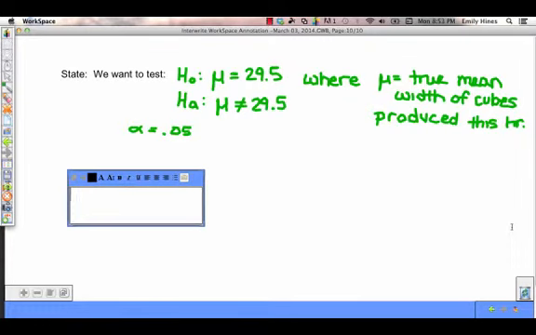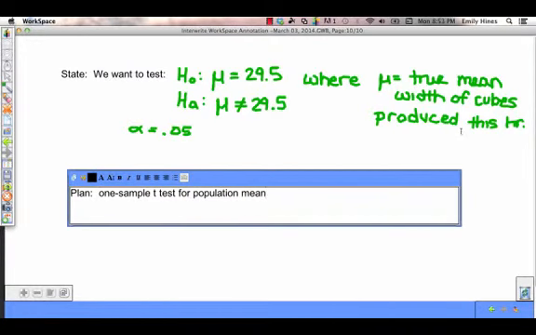Then I want to plan. We are going to use a 1 sample t-test for population mean, which is mu. If you don't have mu, you can write out population mean.